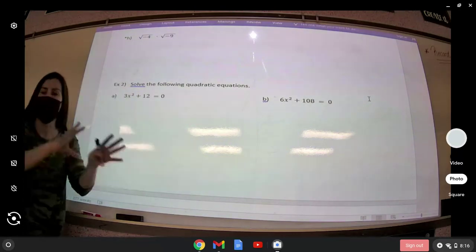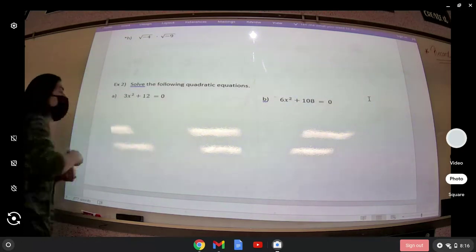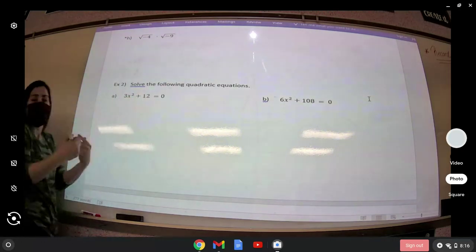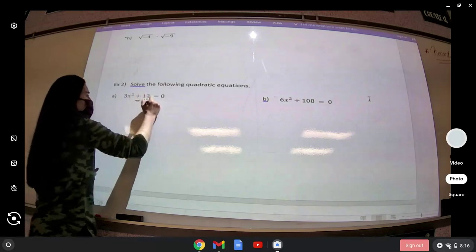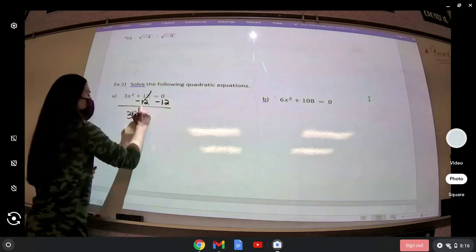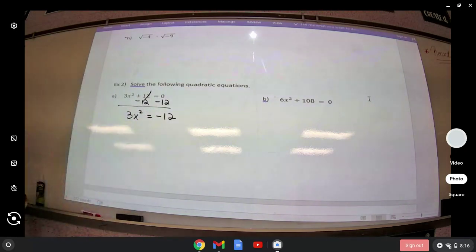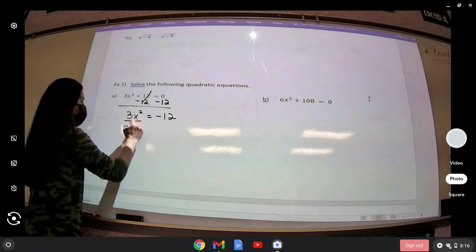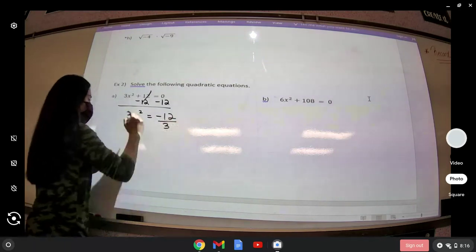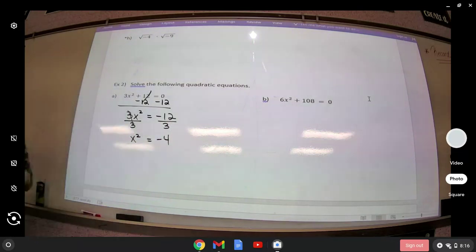It just has an x squared and a number. So I know I can use square roots. So guys, I know I can get x squared by itself by minusing 12. I can divide both sides by 3. And now x squared will equal -4.